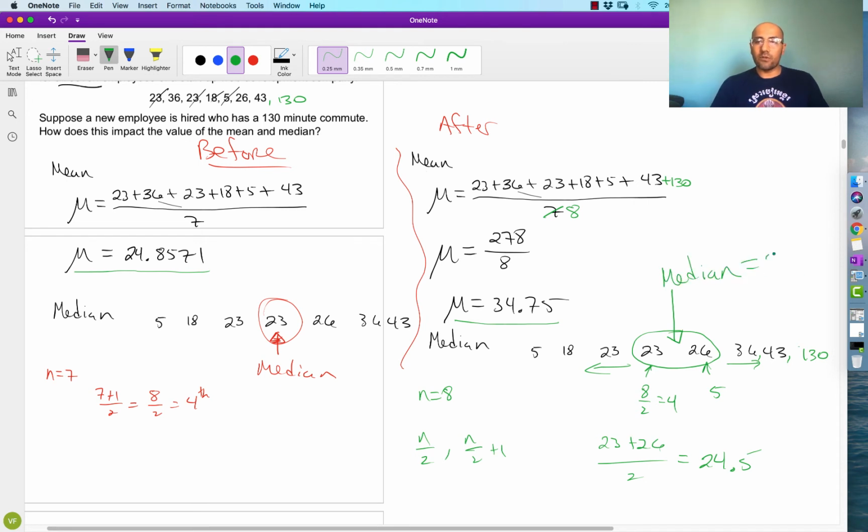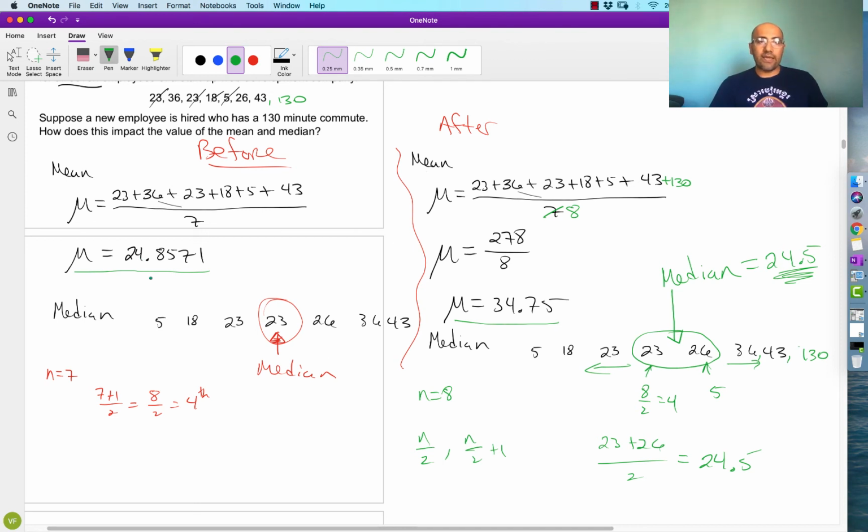Median equals 24.5. Okay, so what's the difference, the before and after? Well, the mean changed a lot, went up by 10 units. It's a pretty high increase. Versus the median went from 23 to 24.5. So it still went up, but not by as much as the mean.